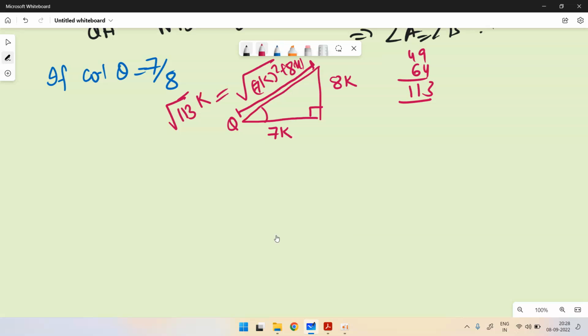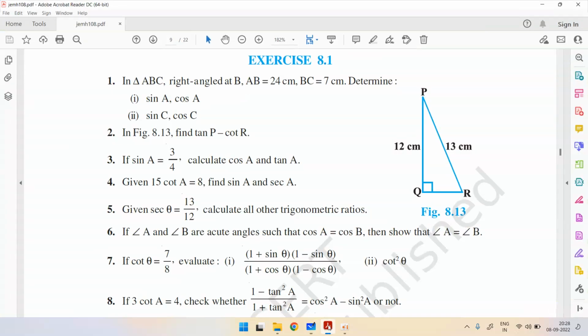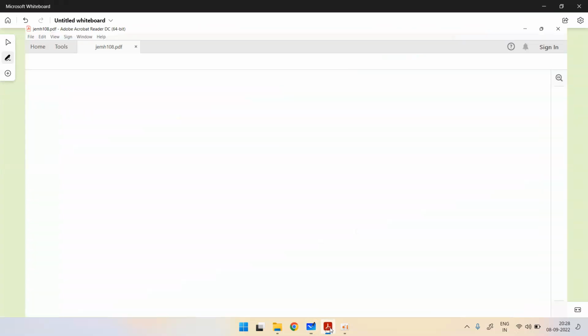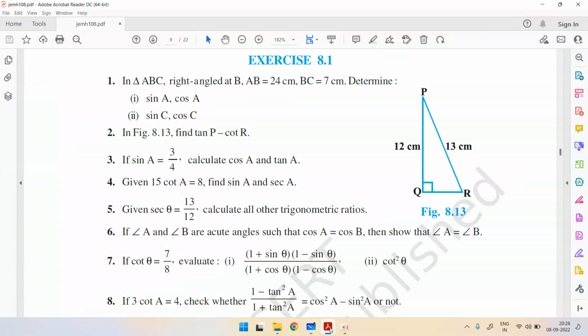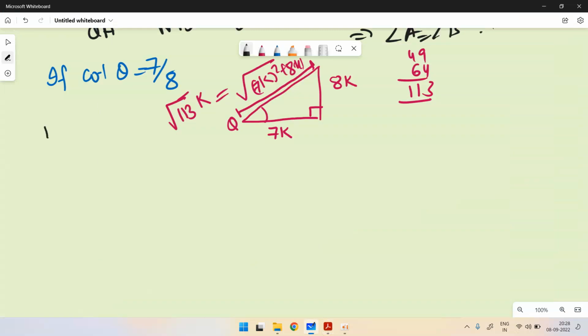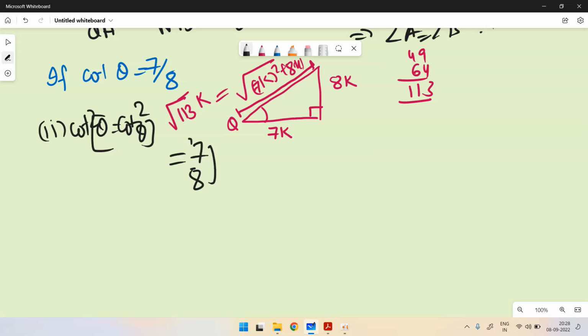Now what we need to calculate first is cot square theta. I'm doing the second part first. This is cot theta whole square, nothing but 7 by 8 square, 49 by 64. That is my second answer.